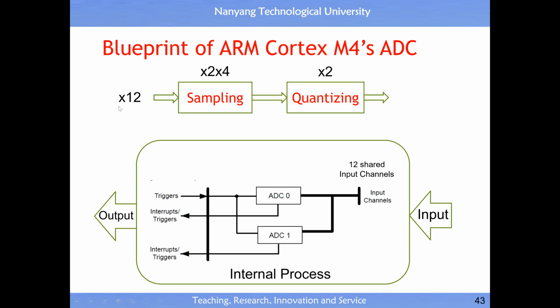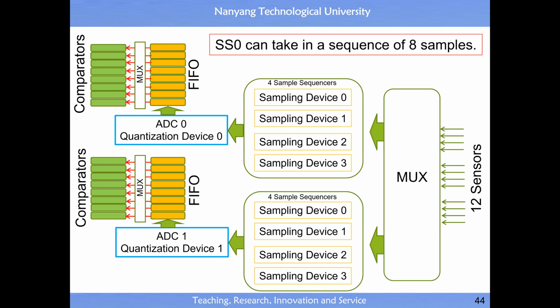Here is the same. Any sensor could be connected to any sampling device, any quantization device. Then you see, you need to configure that. That kind of flexibility is provided by the multiplexer. A multiplexer is like a switch. It's a switch for you to say, switch input number 1 to output number 10 or output number 6, something like that.